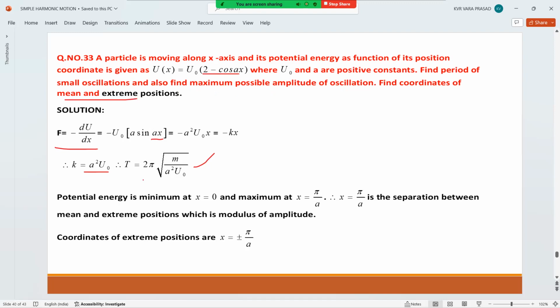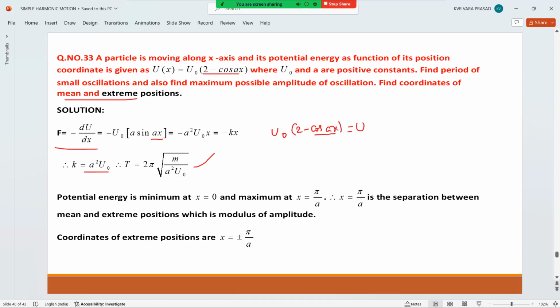Right. So what is the meaning of mean position? Mean position means where potential energy is minimum. Now you can see the potential energy function is given as U naught into (2 minus cos ax). This value becomes minimum when the cos function becomes maximum.